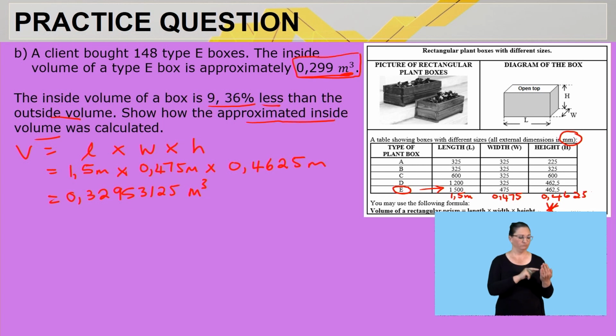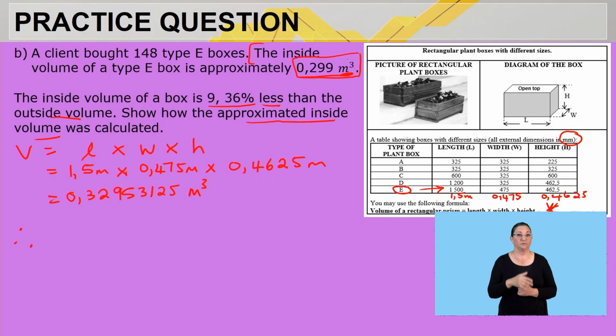Now let's double check. 0.32953125. Remember we said here that the inside volume of a box is 9.36% less than the outside volume. We've just calculated the outside volume. So therefore, let's see if this is indeed correct, how they calculated it.